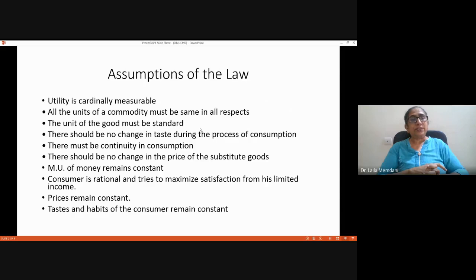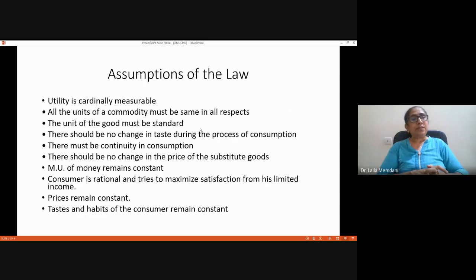The utility may not diminish. Maybe the restaurant paratha is much better, so you get much better utility and you start comparing. So the law applies only when all the units of the commodity are the same in all respects.